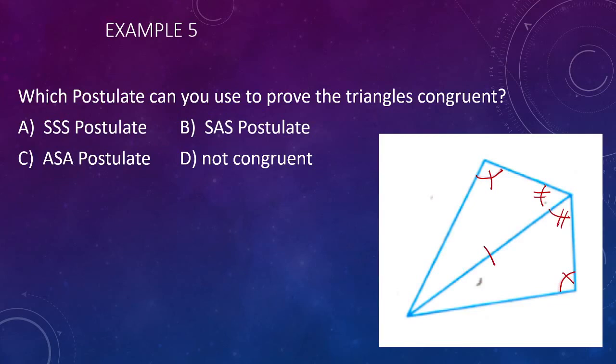What postulate is this? Angle, side. Non-congruent. Ayaw. Butangan ko ni angle, side. Kay angle, side man ka ni siya. So let's omit not congruent. This is angle, side. Okay? Let's have another one.